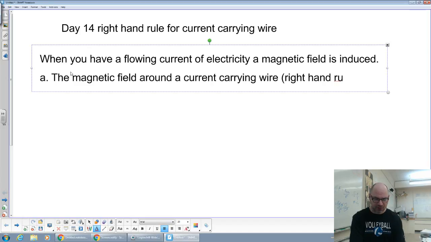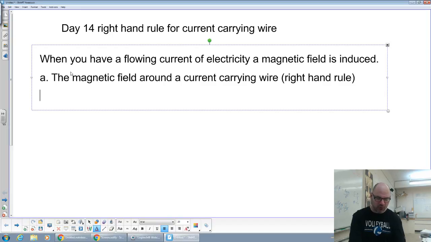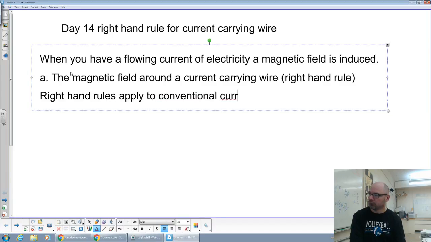The first thing I have to tell you is that some books will do left-hand rule because they talk about moving electrons. So we are going to use the right-hand rule. And remember, the right-hand rules apply to conventional current, not electron flow current.